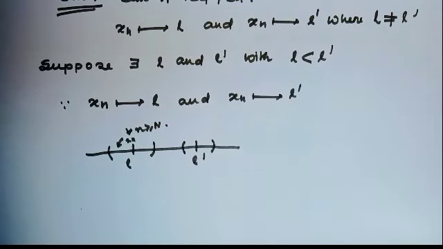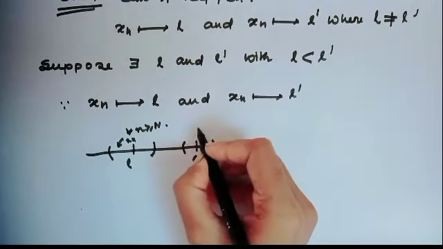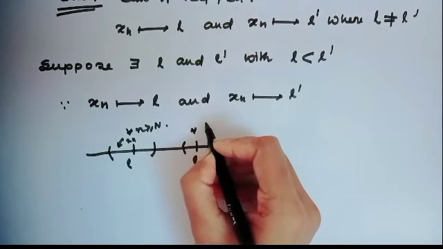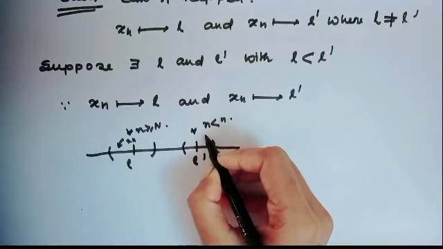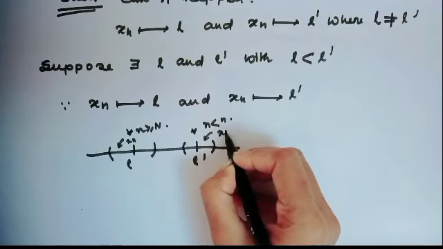But by the definition of convergence, here for all n strictly less than N, finitely many xn lie.